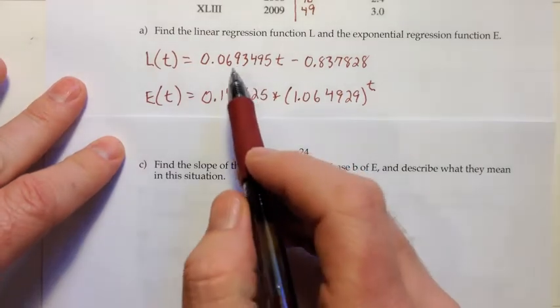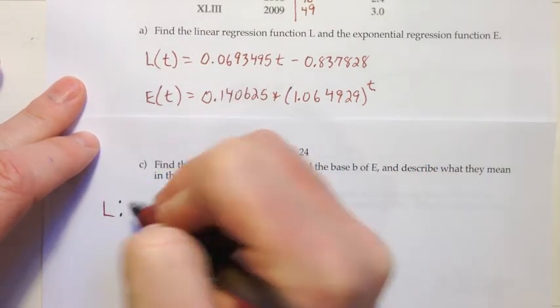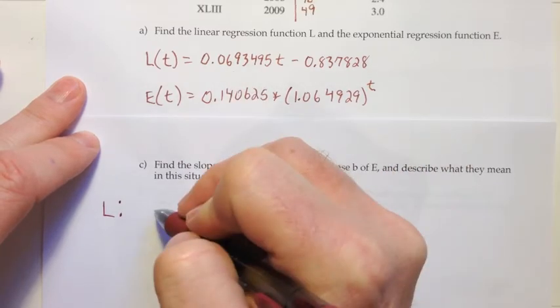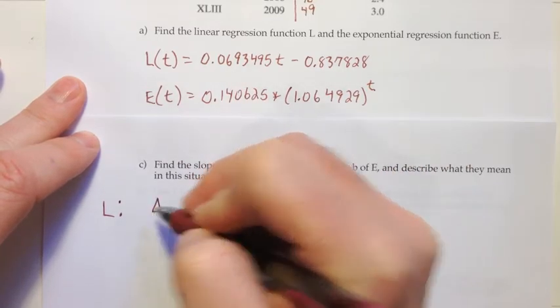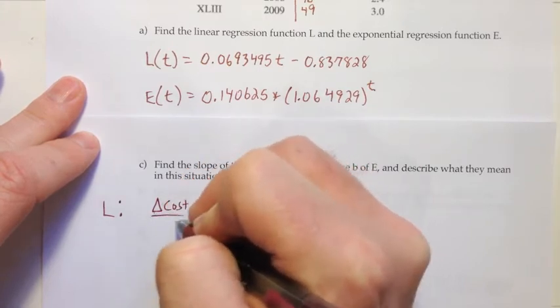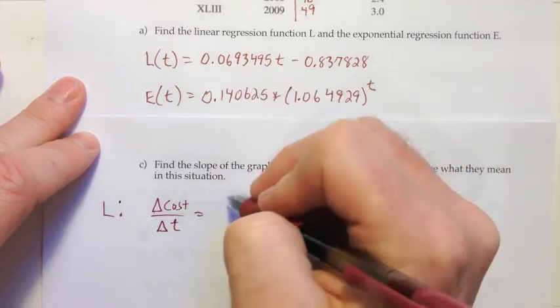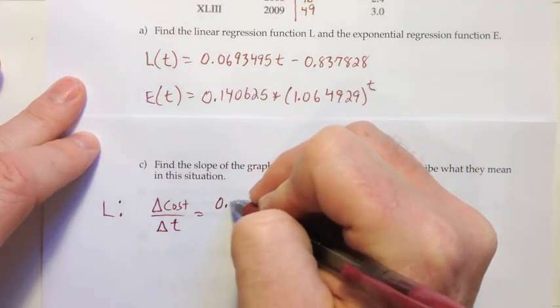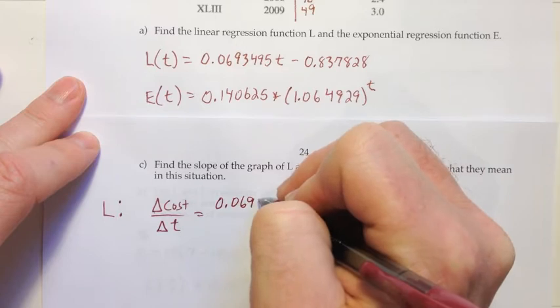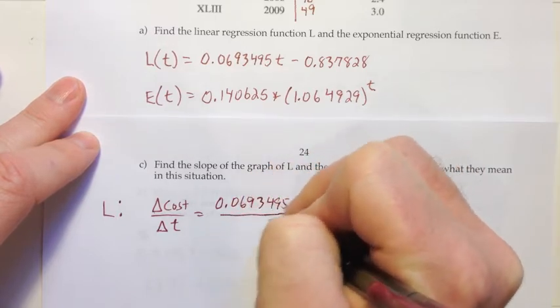So for the linear one, the slope would be the coefficient of t. Let me just put an L here. So the slope would be the change in output, which was really cost. So I'm going to put change in cost over change in input, which would be our t. And then that was 0.06939495 over 1.